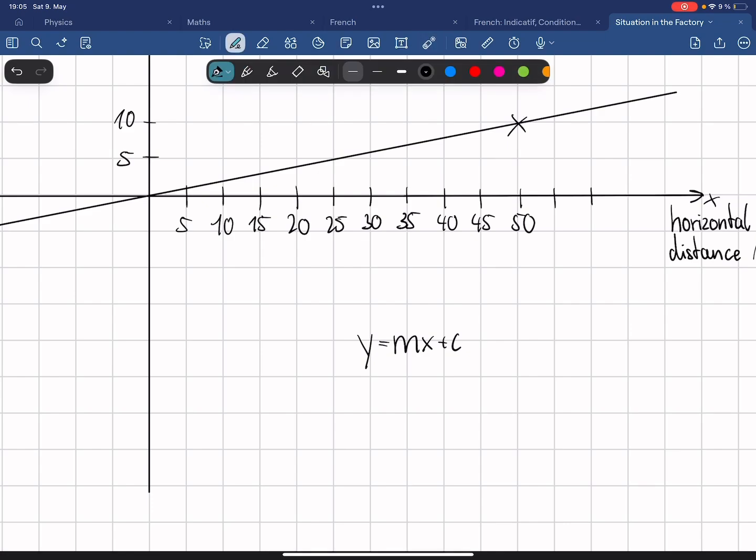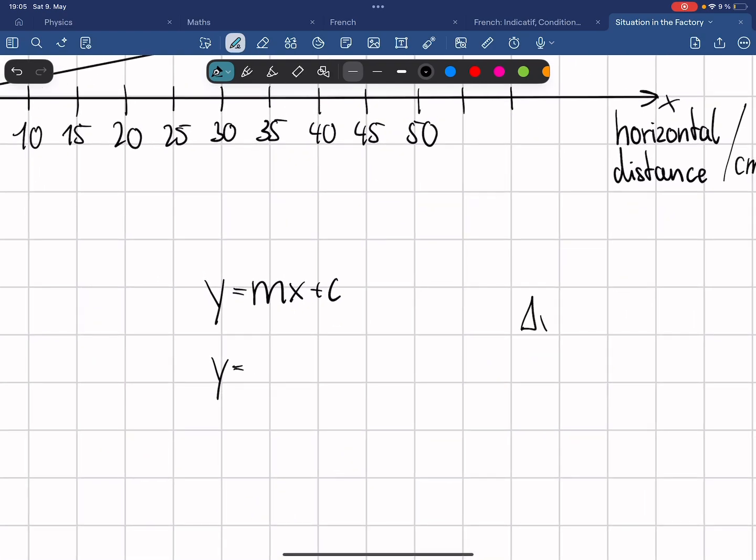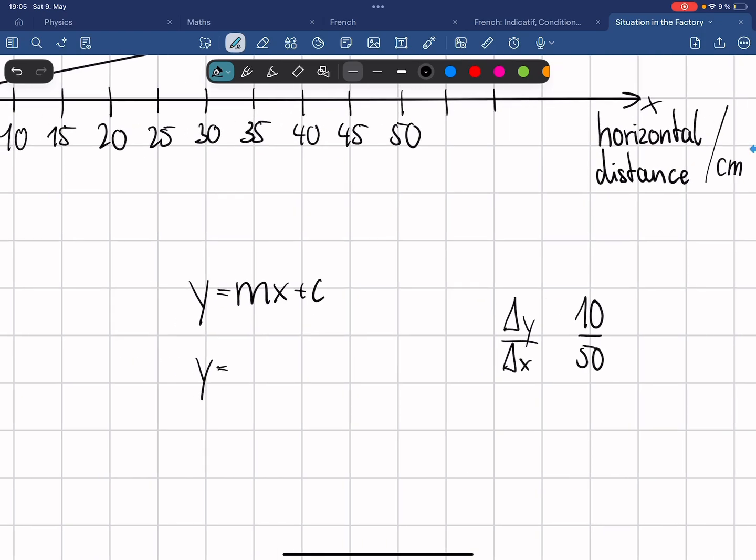So we will write y equals, we look at the gradient, which is it goes up 10 over a distance of 50. And because gradient is rise over run, so the change in y over the change in x, in our case that will be 10 over 50, which we can simplify and turn into 1 over 5, which is the same as 0.2.